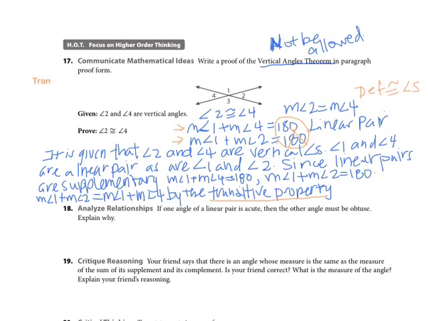The transitive property says if A is equal to B and C is equal to B, then A is equal to C. Now we see this because of the 180. I have the measurement of angle 1 plus the measurement of angle 4 is equal to 180, and also the measurement of angle 1 plus the measurement of angle 2 is also equal to 180.